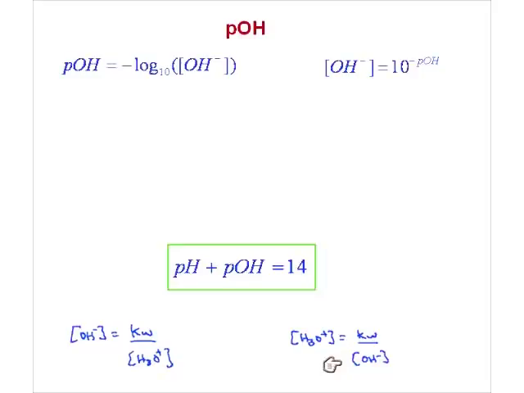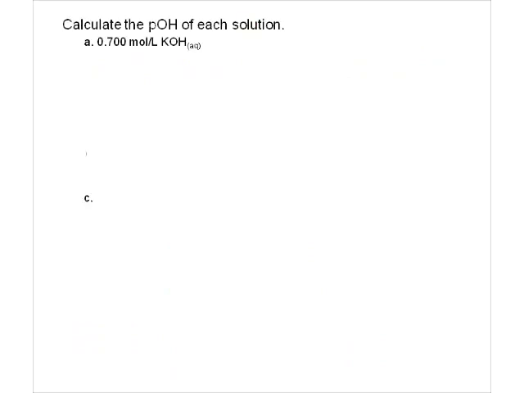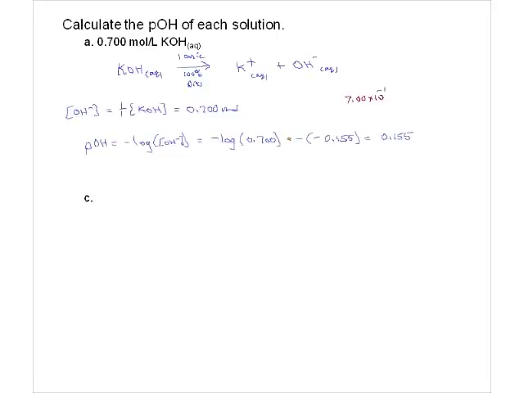Let's try a couple of calculations to straighten all this out. Here we go. In this particular calculation, we want to calculate the pOH of a 0.7 mole per liter potassium hydroxide solution. Shouldn't be a problem. Potassium hydroxide is ionic. It's going to be 100% dissociated, so our concentration here is a 1-to-1 ratio.